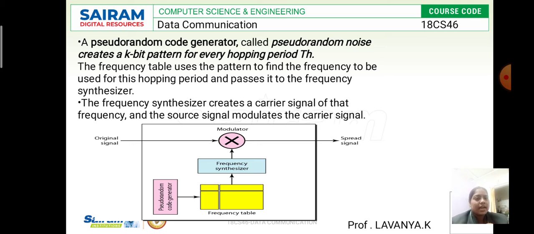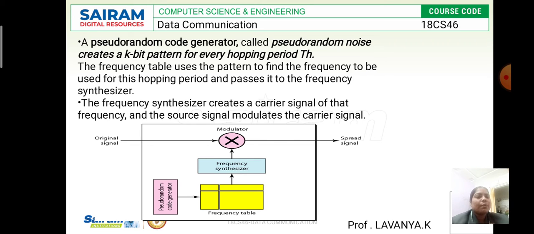Look at this diagram: whenever we keep on changing the frequencies, our frequency signal changes, but finally only one frequency is modulated at a time. This is what FHSS is.